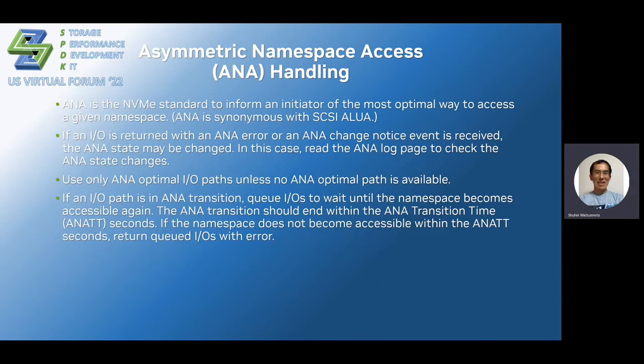The ANA transition should end within the ANA transition time seconds. However, if the namespace does not become accessible, that is, does not report the ANA optimized state or the ANA accessible state within the ANA transition time seconds, queued I/Os are returned with error.